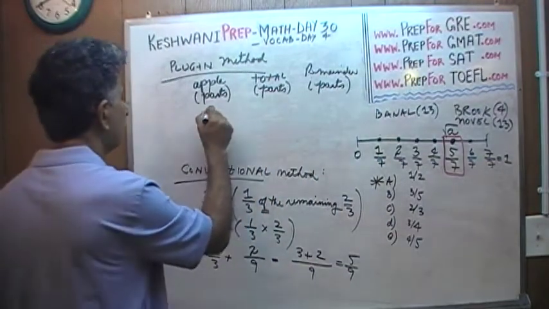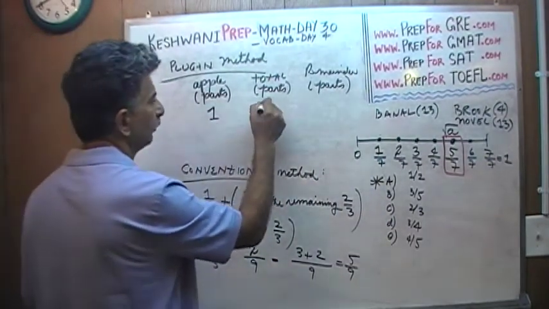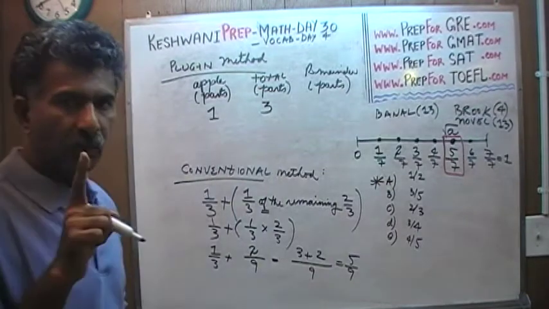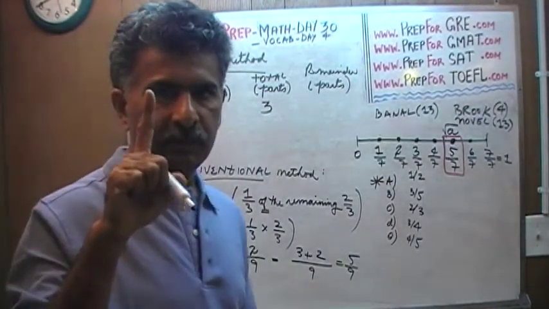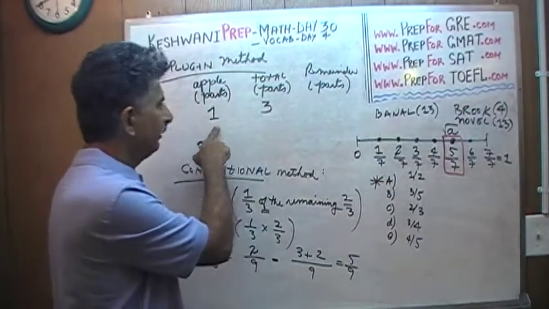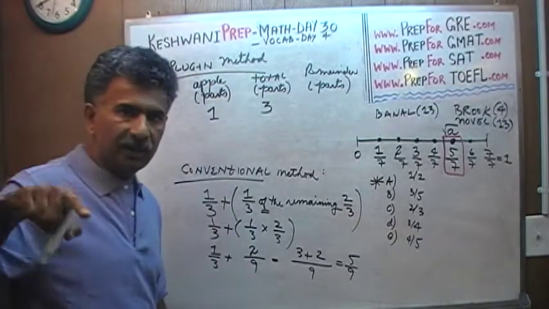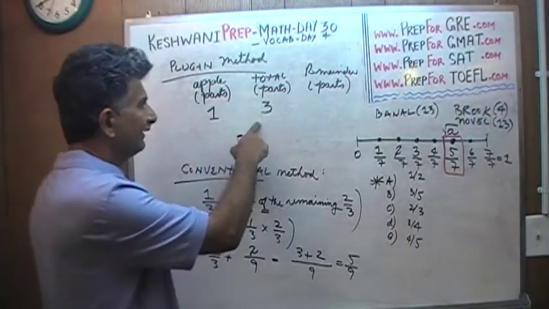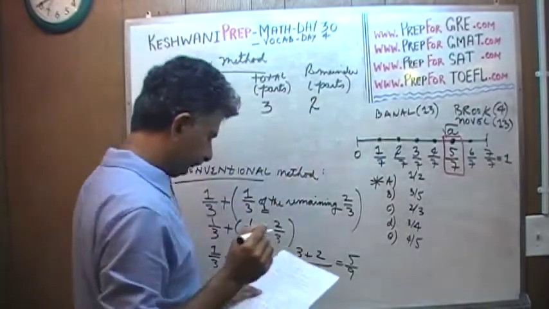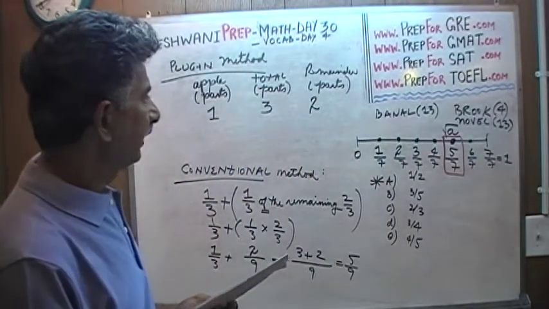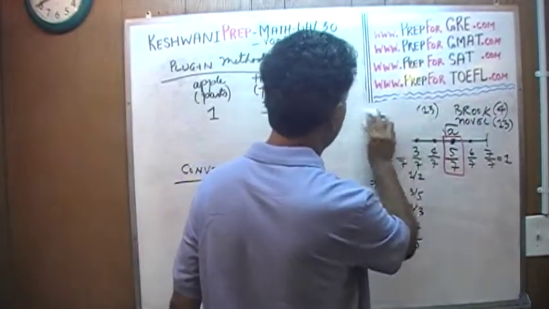So, if I have 1 part apple, then the total must be 3, because we are told that in the beginning 1/3 of the liter is apple. So if one part is apple, then total must be 3 parts, because we start out with 1/3 apple. If that's the case, the remainder must be 2.